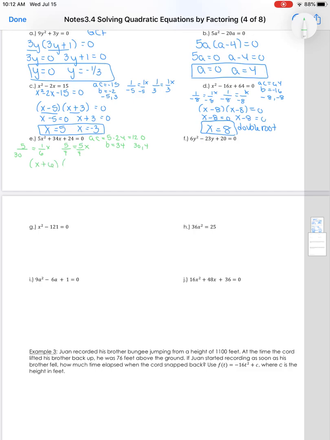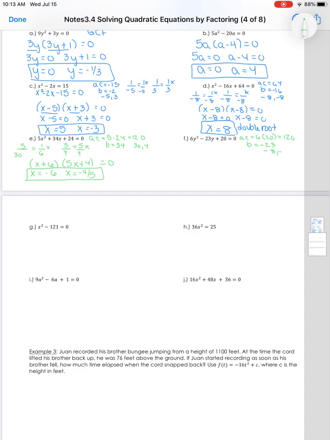Okay, so if we make our fractions 5 over 30 and 5 over 4, the 5 over 30 becomes 1 over 6, 5 over 4 stays 5 over 4, and we get x plus 6 and 5x plus 4. Set each one equal to 0, and you get a negative 6 and a negative 4/5. Again, no particular order in terms of which way you put parentheses. You just need to have both of them.